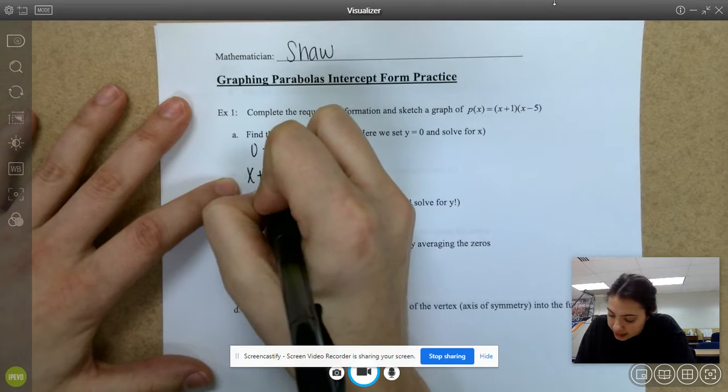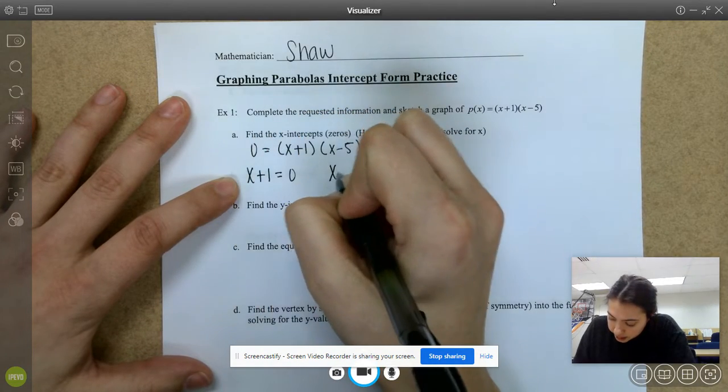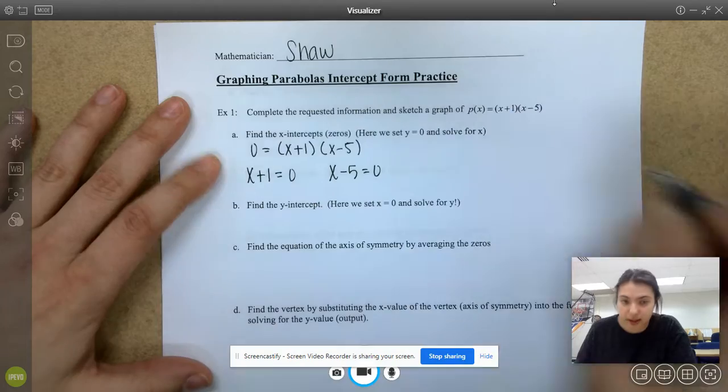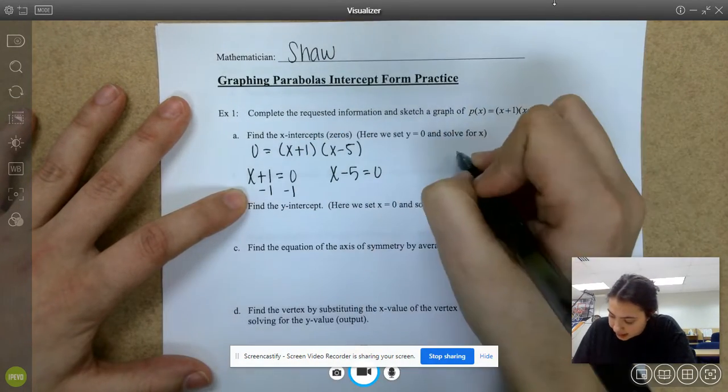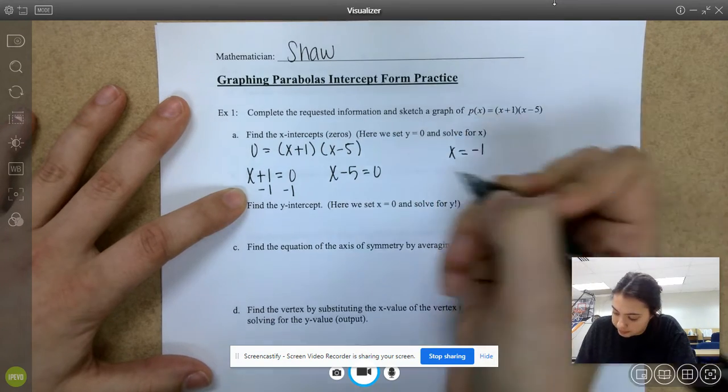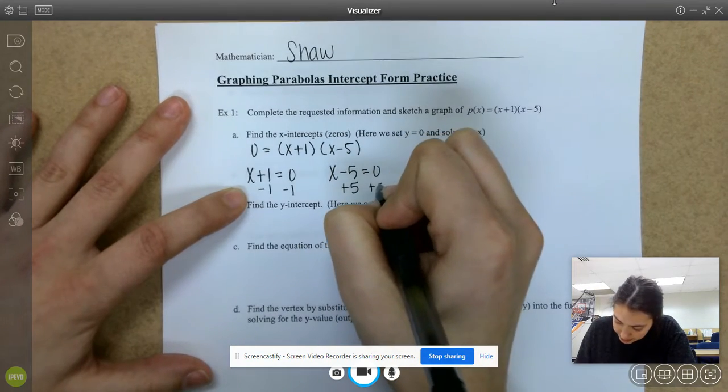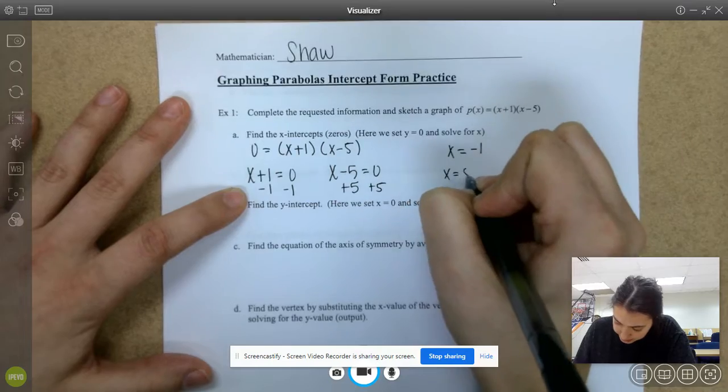So we set x plus 1 equal to 0 and x minus 5 equal to 0. Subtract 1 from both sides and x is negative 1. Add 5 to both sides and x is positive 5.